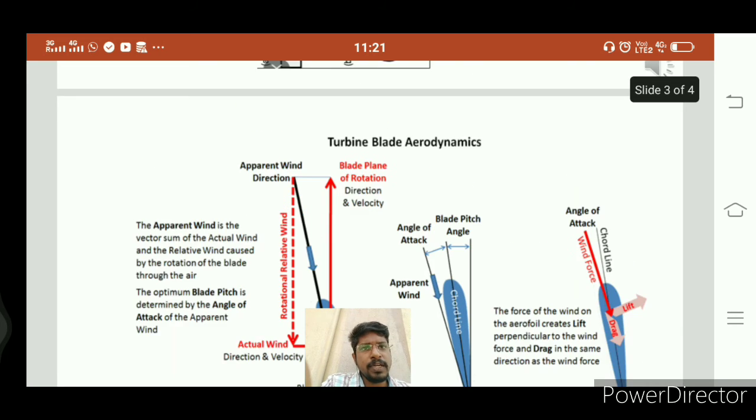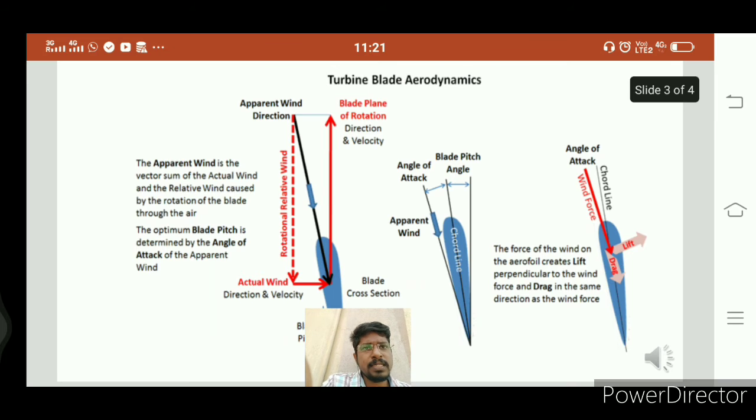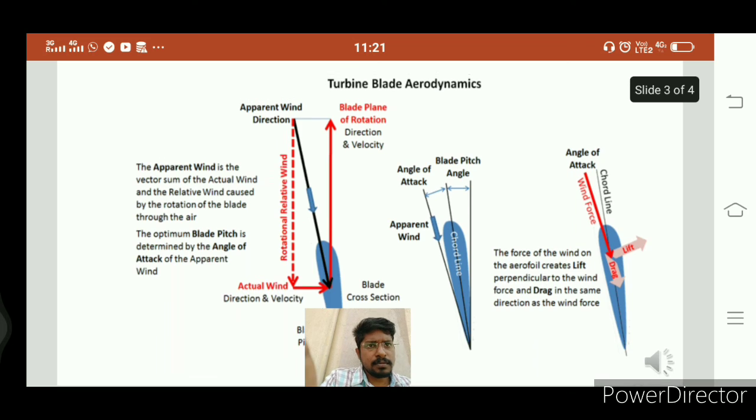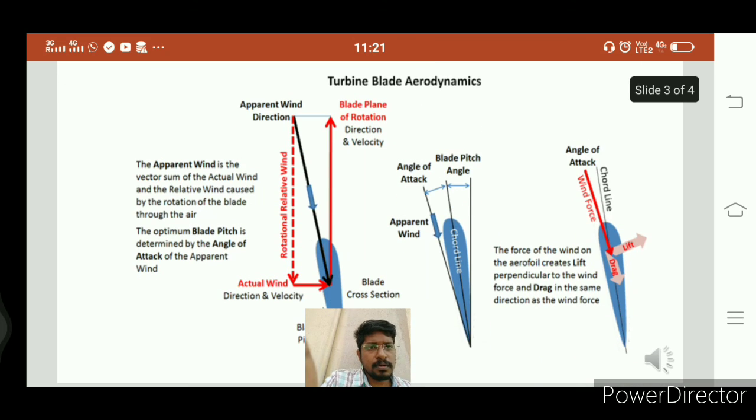The resultant wind is the apparent wind. The apparent wind blows in this direction, and because of that one lift force and drag force are derived. It depends upon the angle of attack.